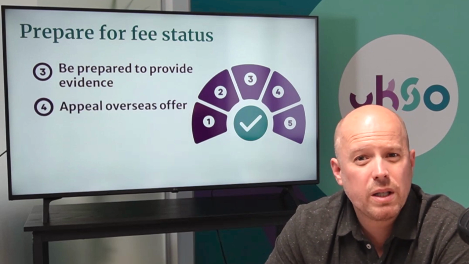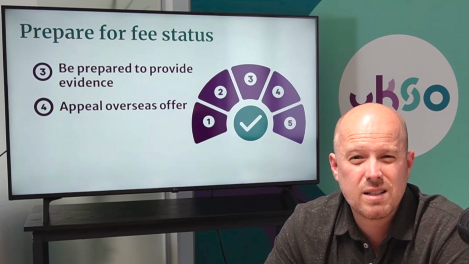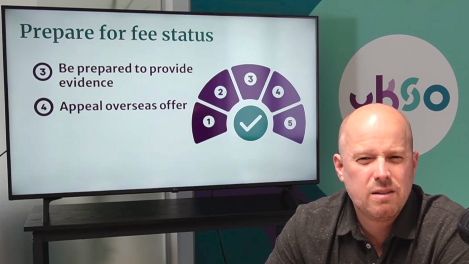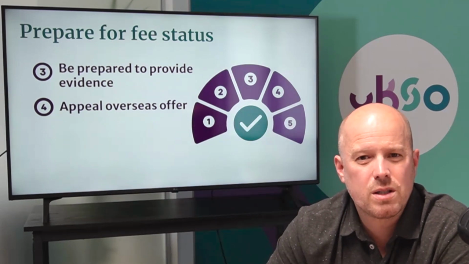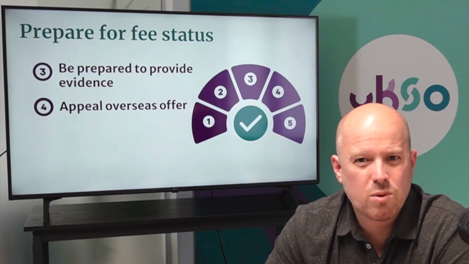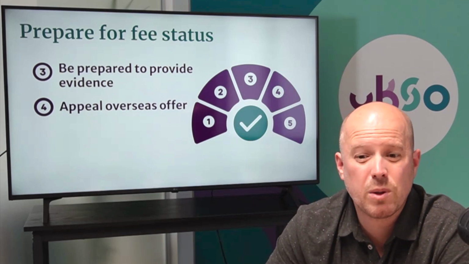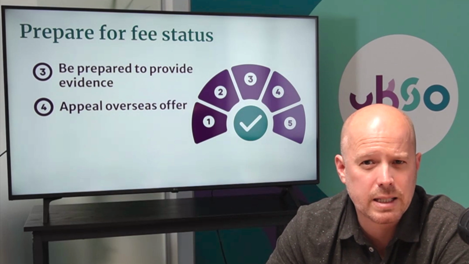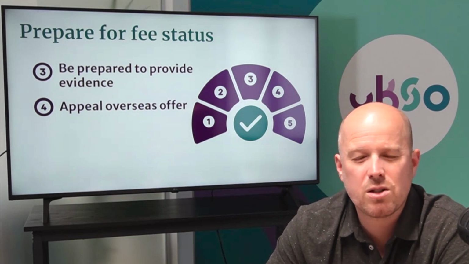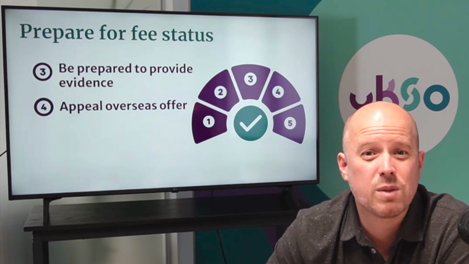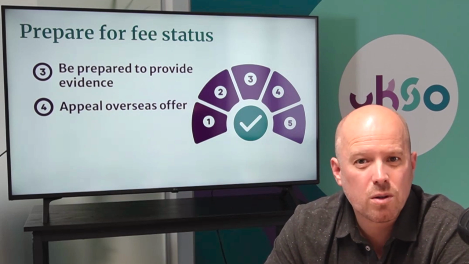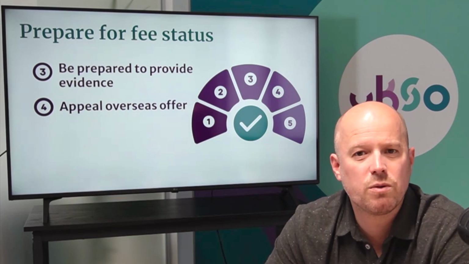Remember that you can appeal against an overseas offer. This is important to keep in mind because it's really difficult for universities to interpret all these really complex rules and apply them to everyone's individual circumstances. We could see that with those different case studies and how tricky it can be. So sometimes a university might make a mistake. They might overlook the fact that you should be eligible for home fees.